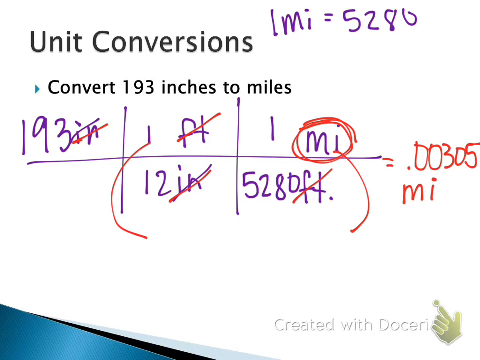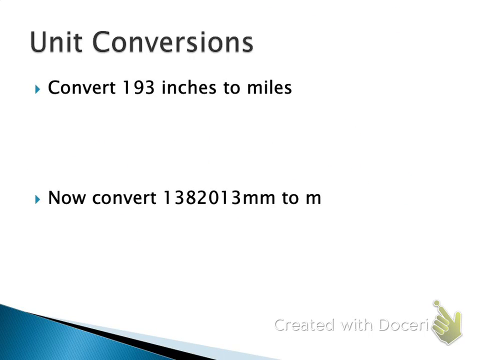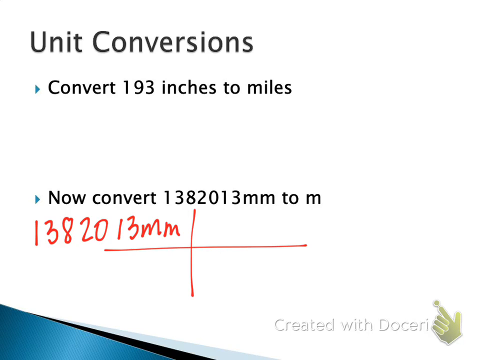Let's try a metric system one now. Millimeters to meters. Some of you might not even need to write this out, but I'm going to do it for everybody. So 1382013 millimeters to meters.